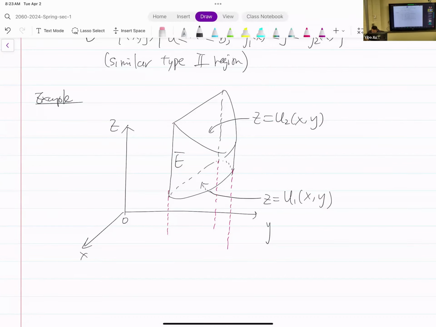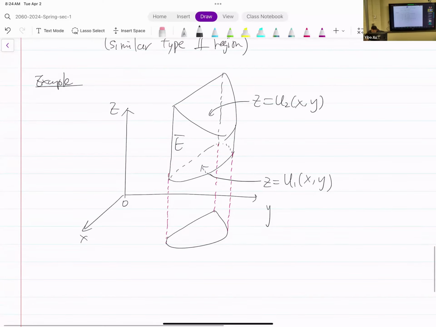So that is possibly something like this. Okay. So this is our region D. So this is our region in terms of the xy plane. Okay, that's called D. Okay. Let me enclose it in red. All right.